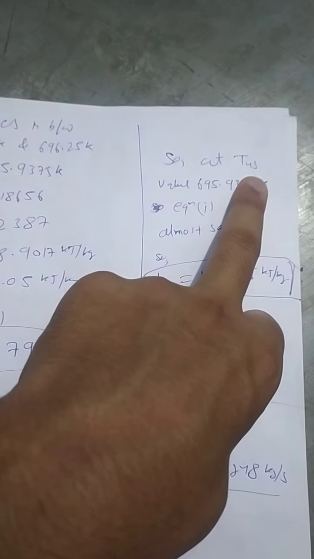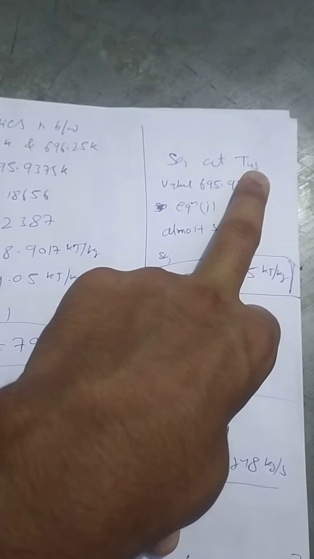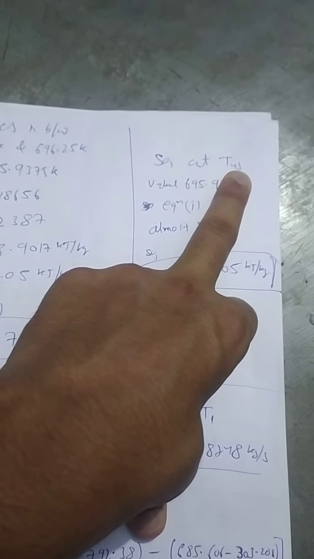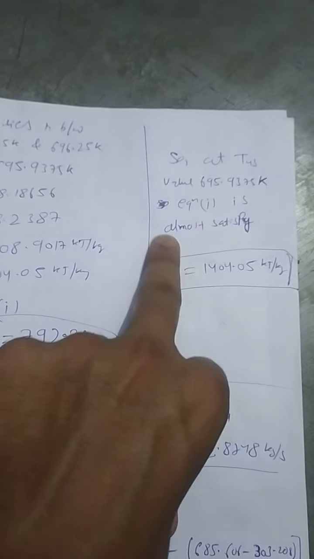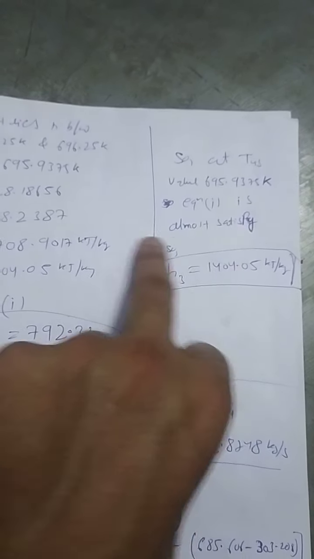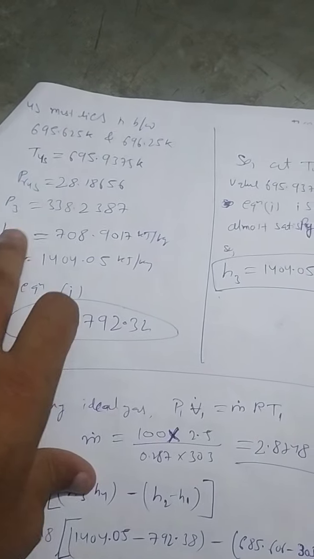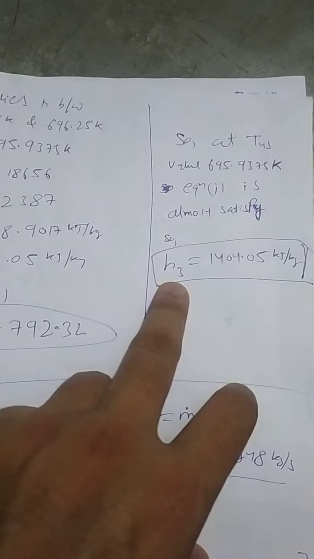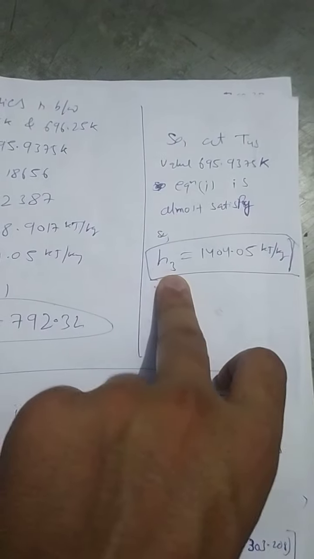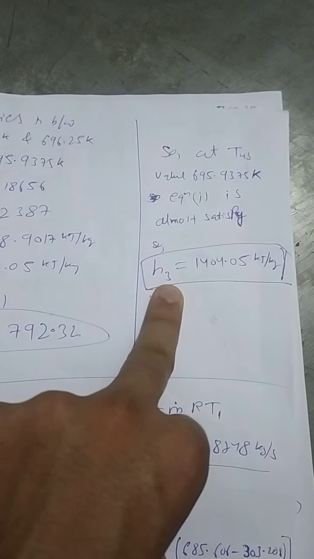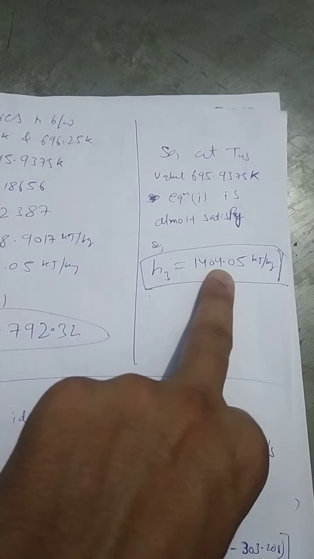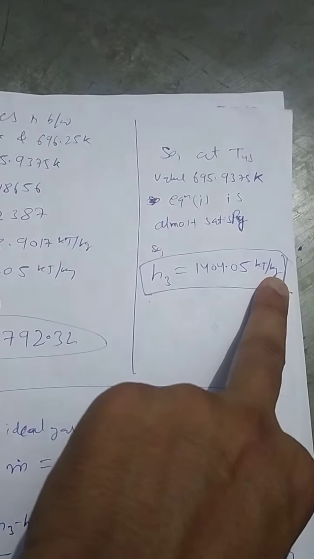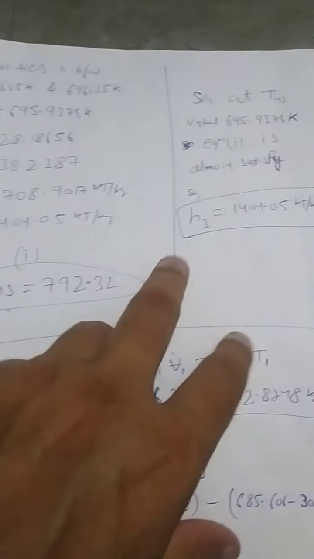The imaginary temperature at the exit of the turbine would be 695.9375 Kelvin, and equation 1 is satisfied for this value. So the H3 value, the specific enthalpy at the entry to the turbine, would be 1404.05 kilojoule per kg.